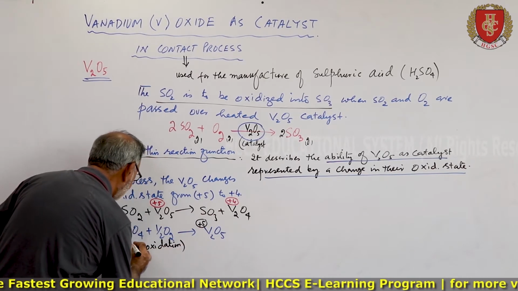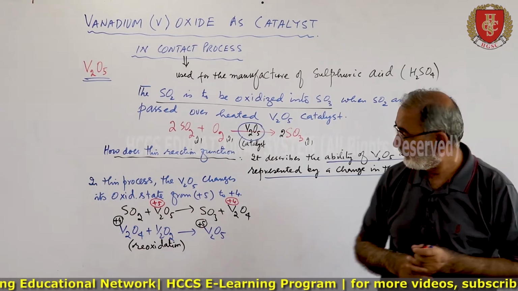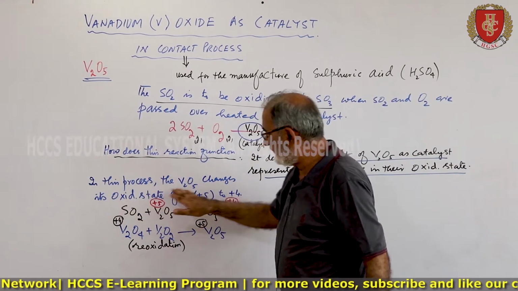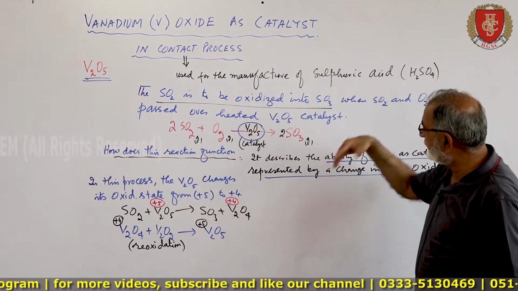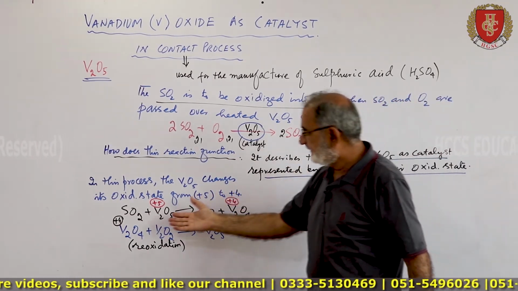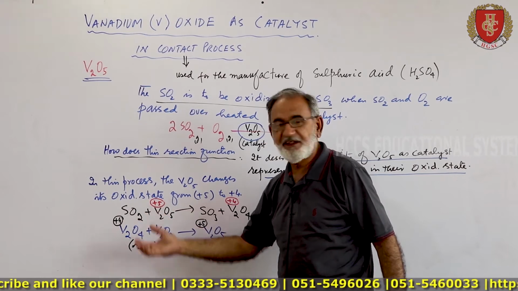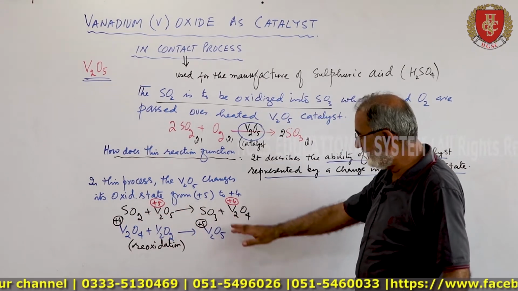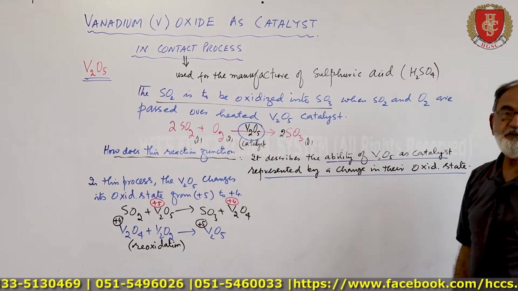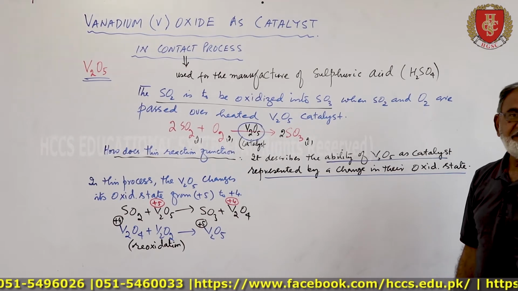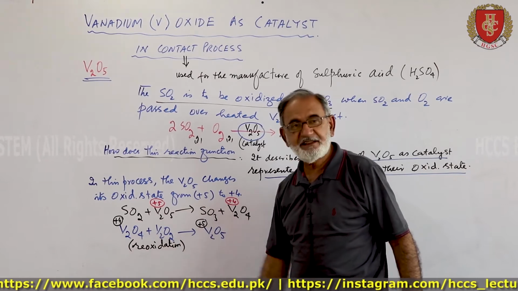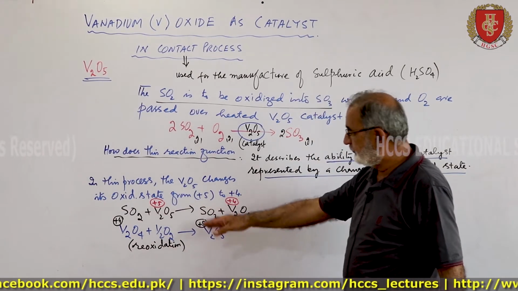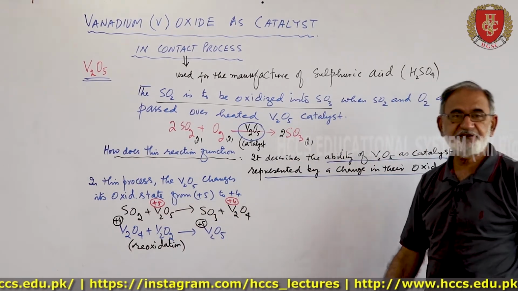So in the oxidation of sulfur dioxide into sulfur trioxide, the catalyst interacts with the sulfur dioxide to form V2O4, that is vanadium in the +4 oxidation state, and then finally it gets reoxidized into the +5 oxidation state.